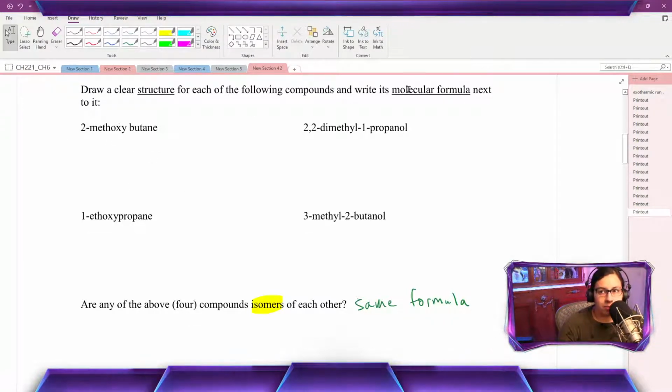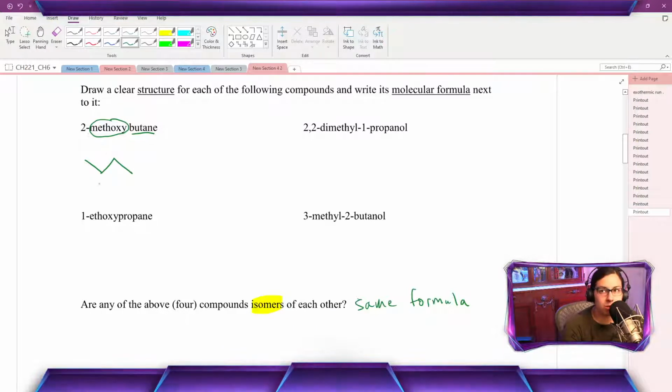So let's do this one. 2-methoxybutane. We have a methoxy and butane. Let's start off with our 4-carbon chain, 1, 2, 3, 4, and label this 1, 2, 3, 4.